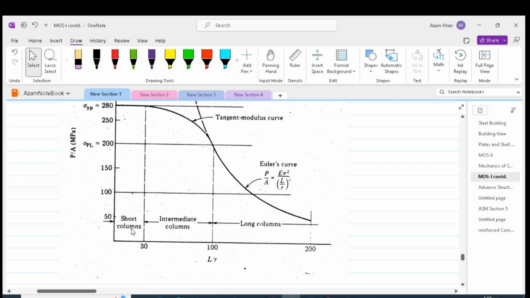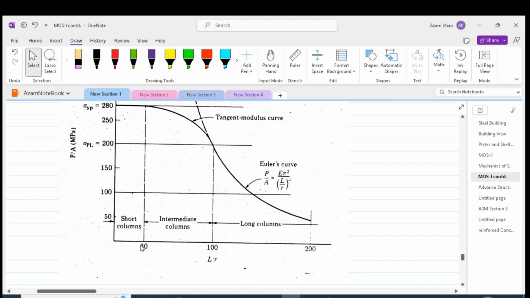Thus, between the short range and the long range, there is a region which can be called intermediate columns. So columns having slenderness ratio between 30 and 100, for the conditions which we discussed, can be classed as intermediate columns.